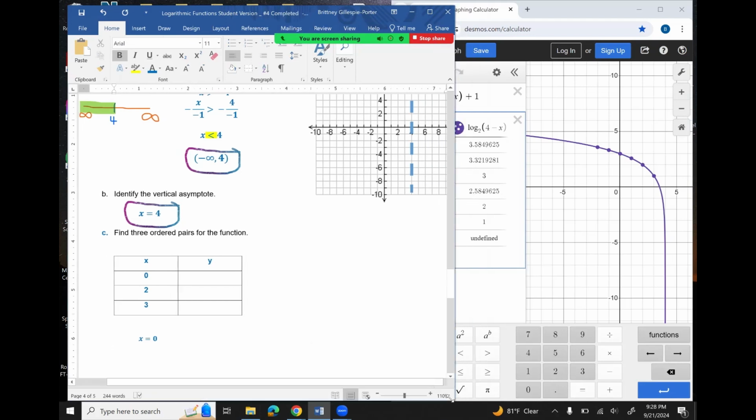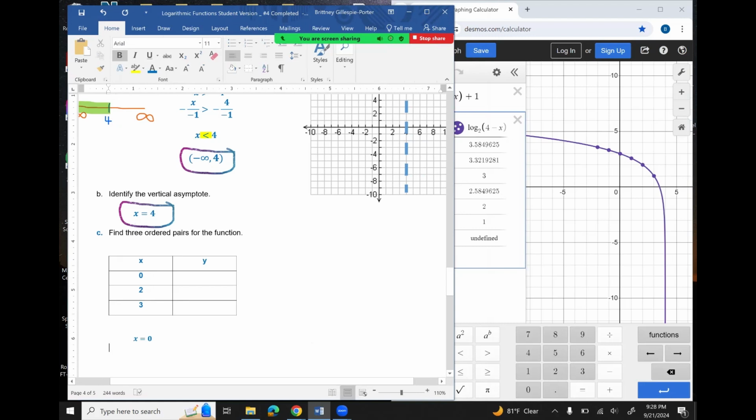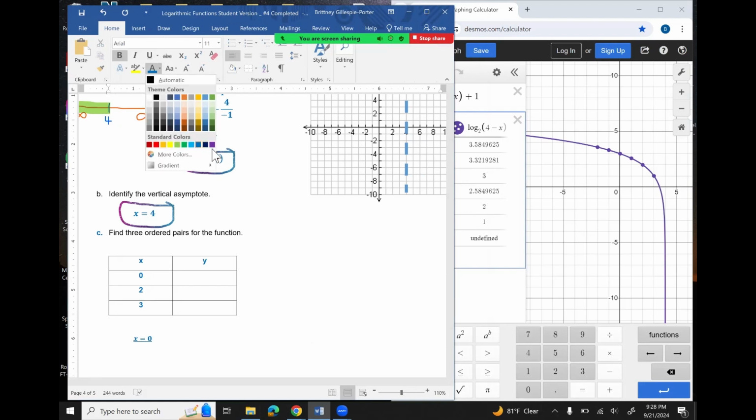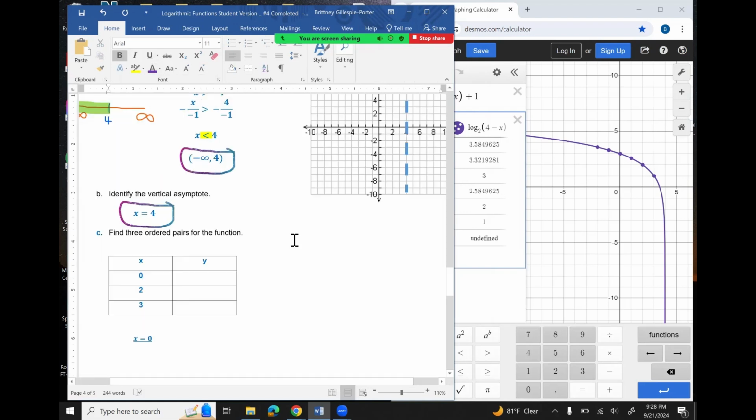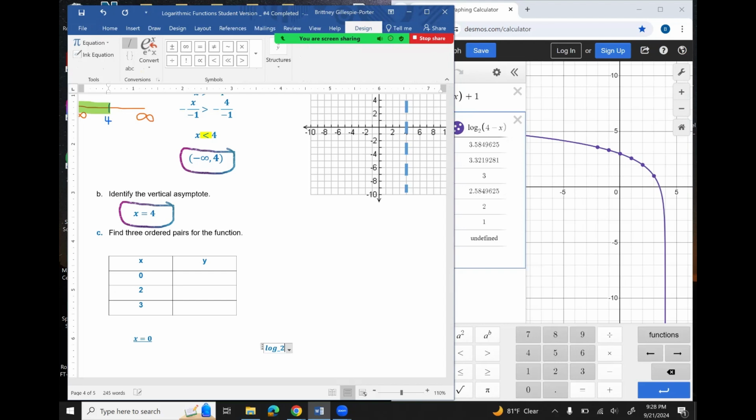Okay. So for X equal to 0, that means I'm taking my function, which we said was log base 2, and instead of 4 minus x, we're going to have 4 minus 0 plus 1.